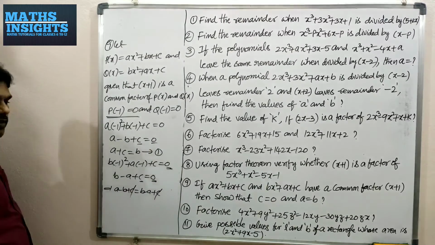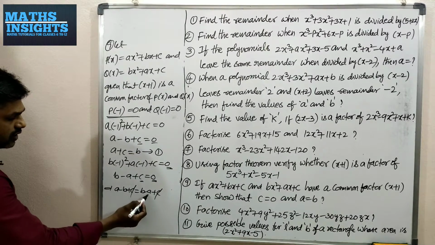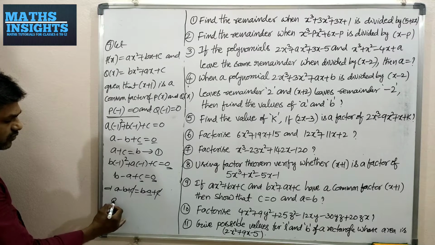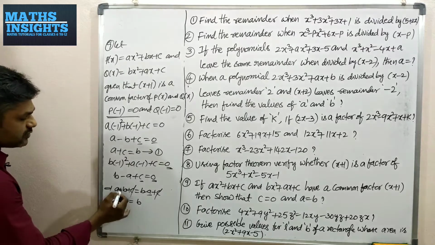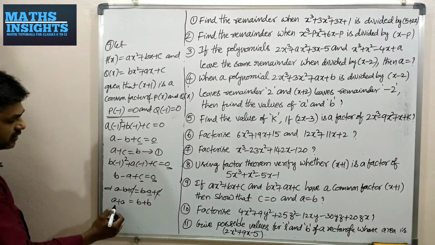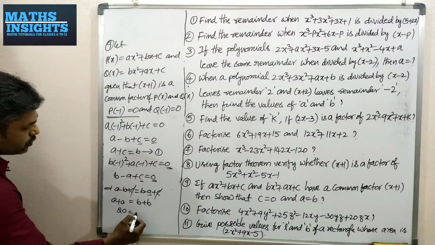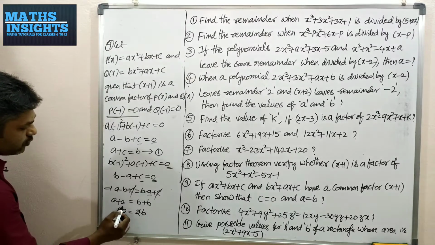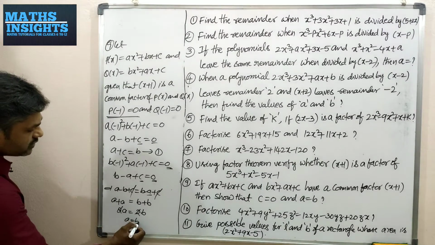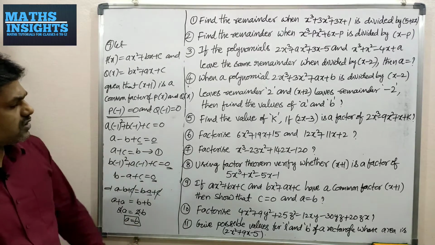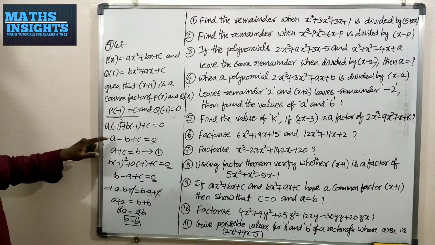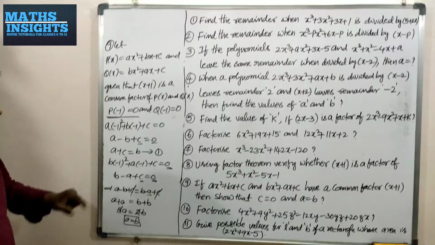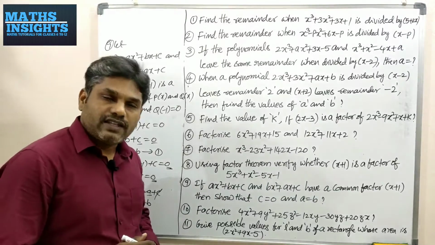On both sides you may cancel plus c, therefore this minus a comes to this side and becomes plus a, and this minus b will become plus b, therefore 2a is equals to 2b. If you cancel 2 on both sides you will get a is equals to b. They are asking a is equals to b. If you substitute a is equals to b in either of these two equations, you will get c value as 0.